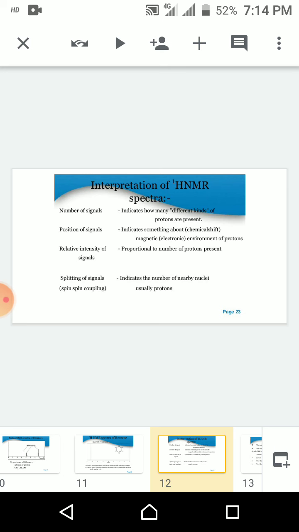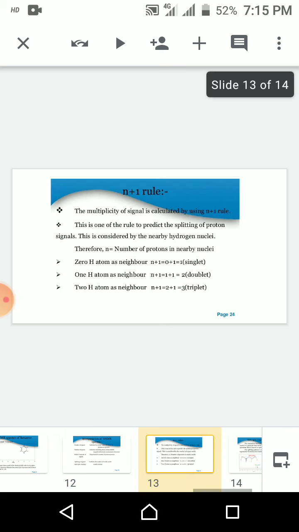And the next one is splitting of signals, or we can say spin-spin coupling. Splitting of signal, also known as spin-spin coupling, indicates the number of nearby nuclei, usually protons. The most important rule used in NMR is the n plus 1 rule.